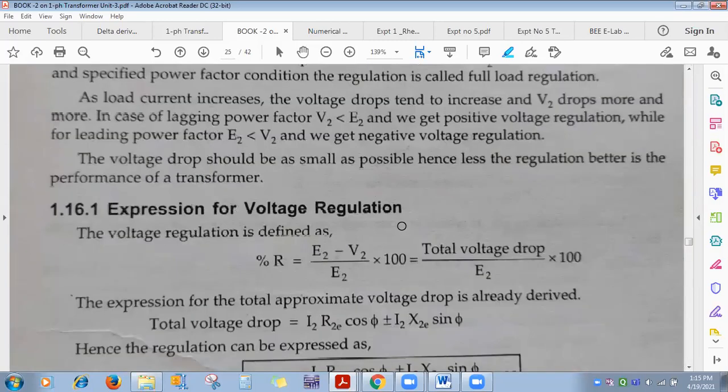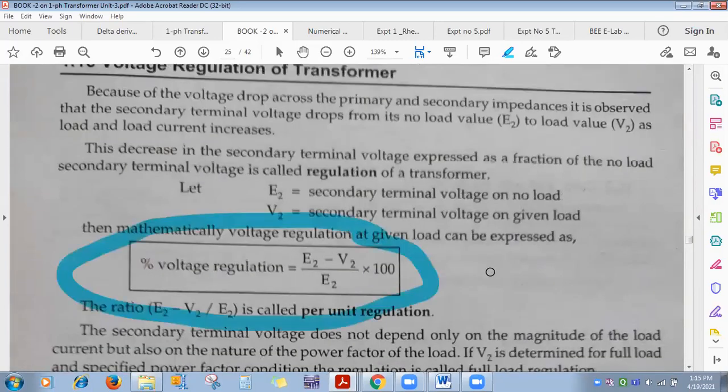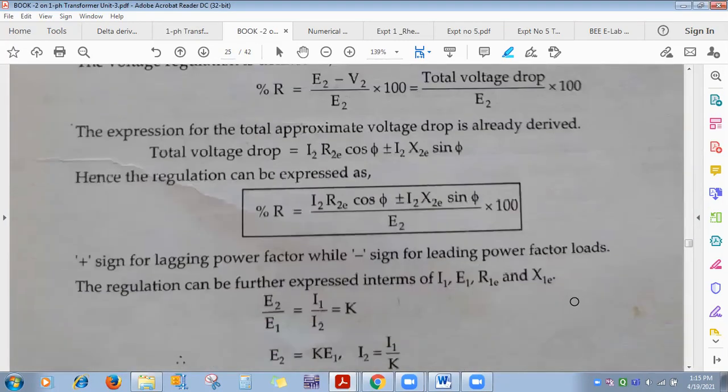Just now I told you what exactly is meant by voltage regulation: the change in voltage across the load is called voltage regulation. So this is one formula, based on which you will get asked numericals, or another formula is this one. Its derivation is not in your syllabus directly.